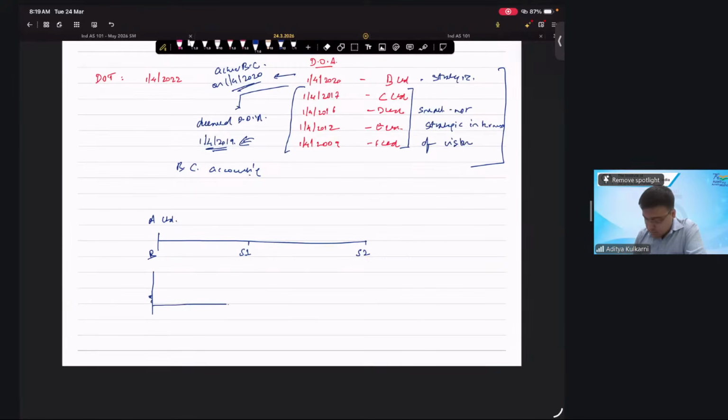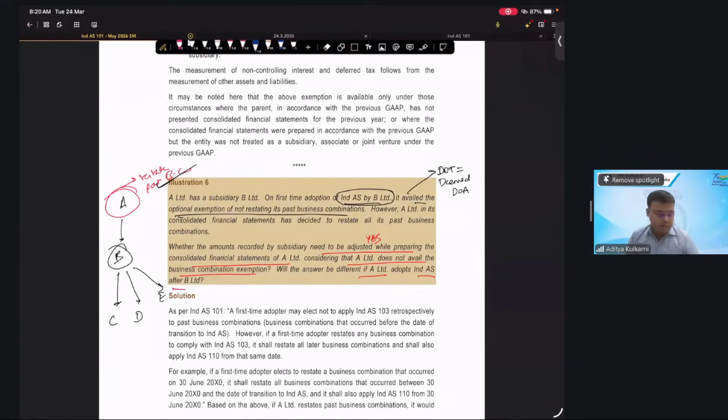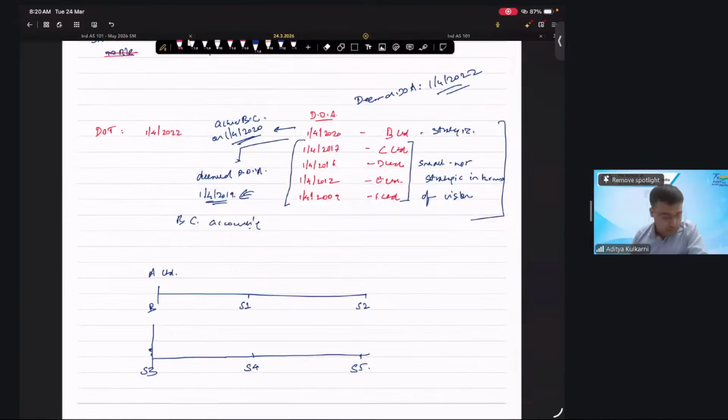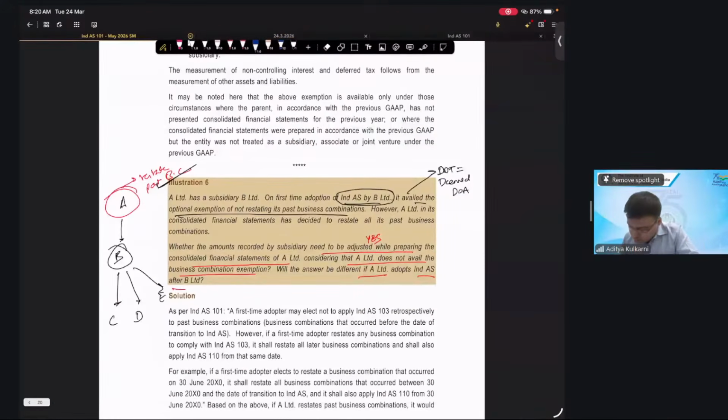The question is whether the amounts recorded by the subsidiary need to be adjusted, considering that B avails the business combination exemption.